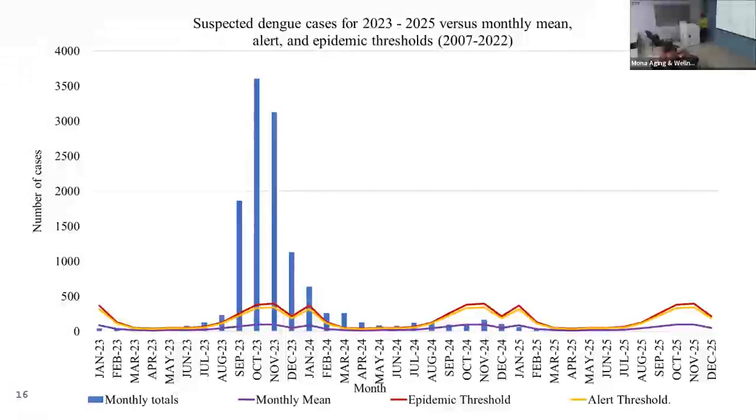All right, so this is what you're seeing, that starting June of 2023, the monthly number of cases of dengue went above the epidemic threshold. Yes, we did have an outbreak and it lasted into 2024. And then after that, from August 2024, the cases went back to what we would normally expect.